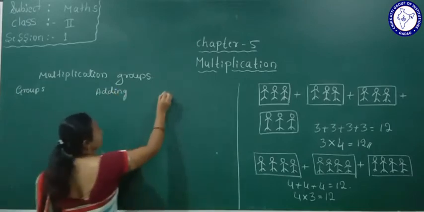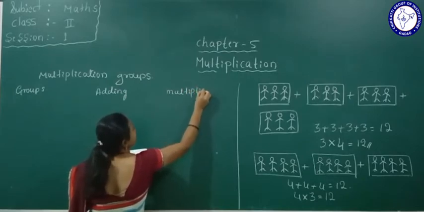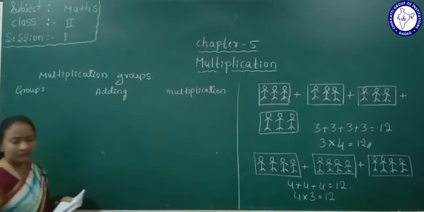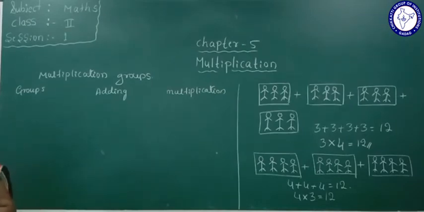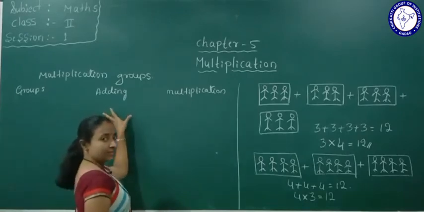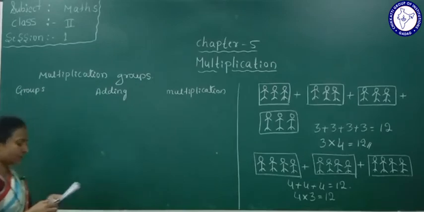Here multiplication. So here we'll write. Yes, students, so what can we do first here? First we make groups. After that we add the groups, and after adding, it means repeated addition. So that we can write as multiplication.